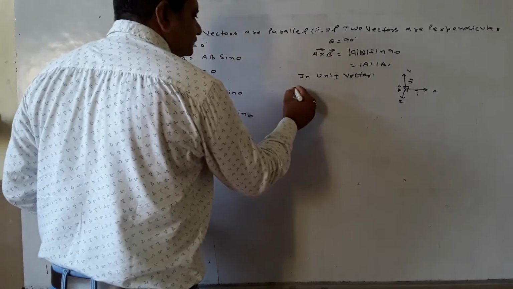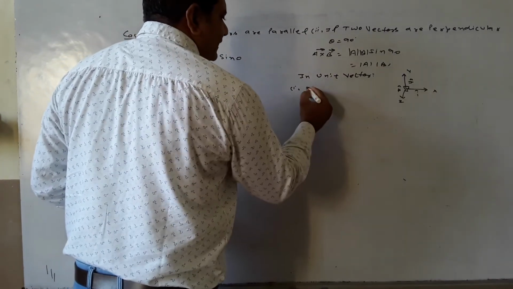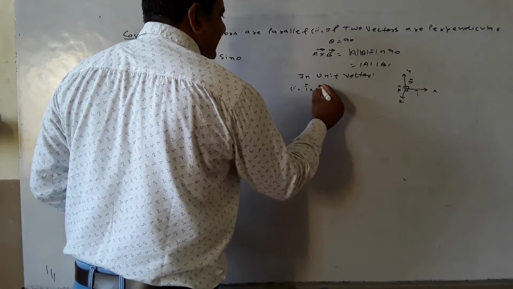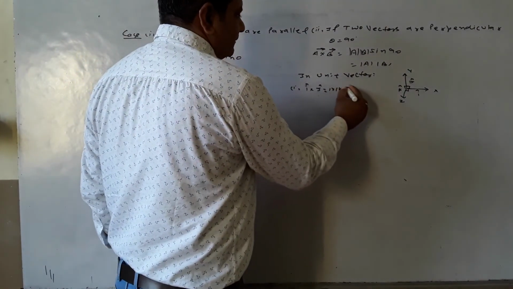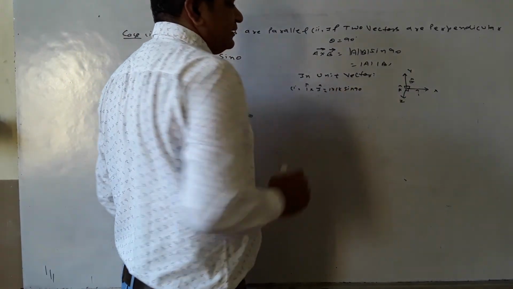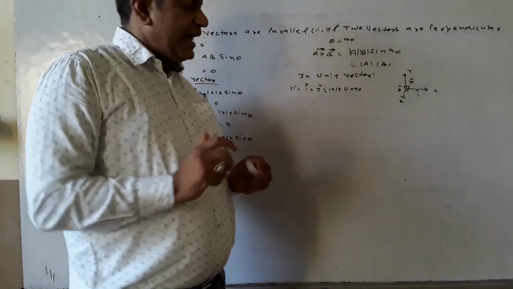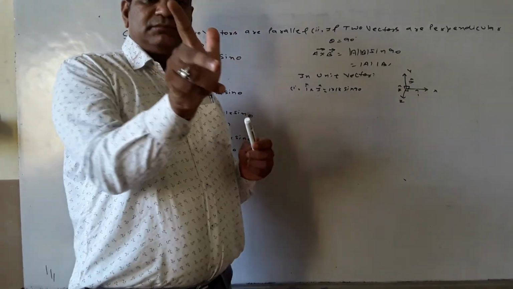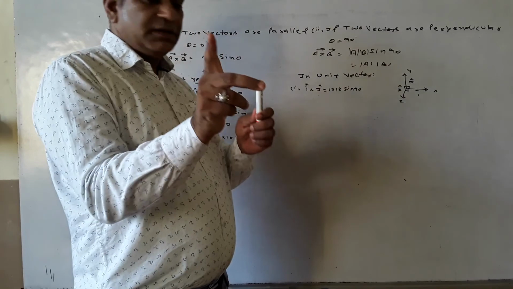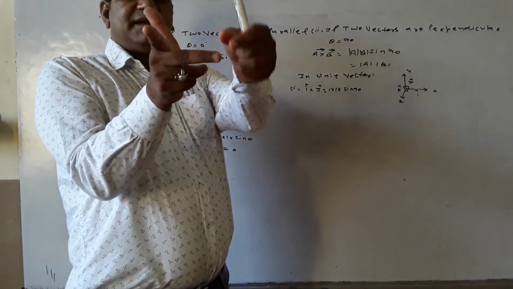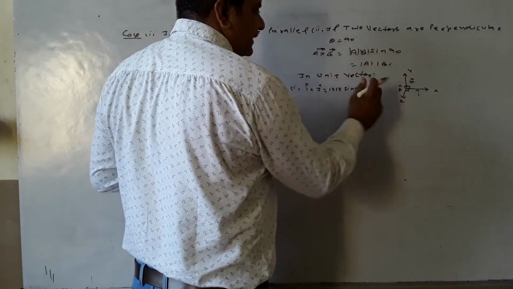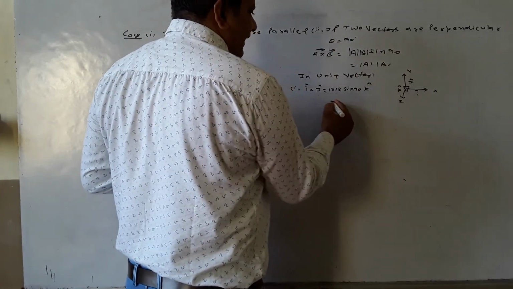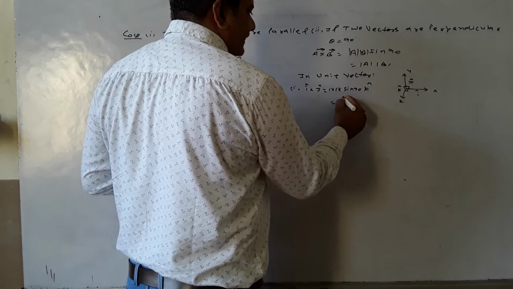Now between I and j, I cross j is equal to 1 into 1 sin 90. According to this rule, for x and y, the resultant will be along the z direction, this is k cap, sin 90 is 1, so I cross j is k cap.